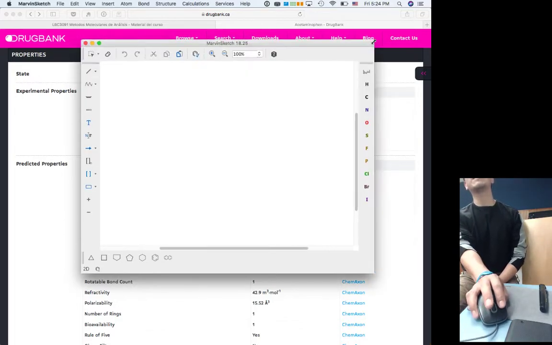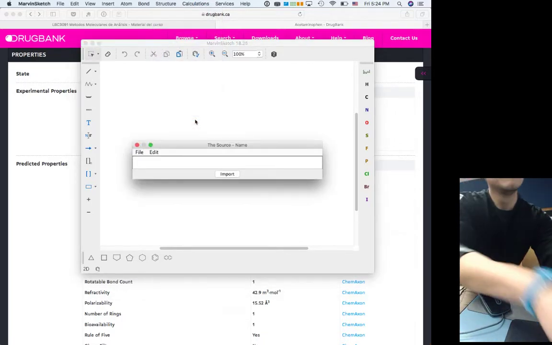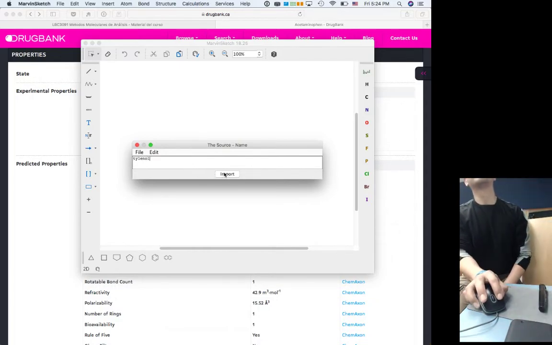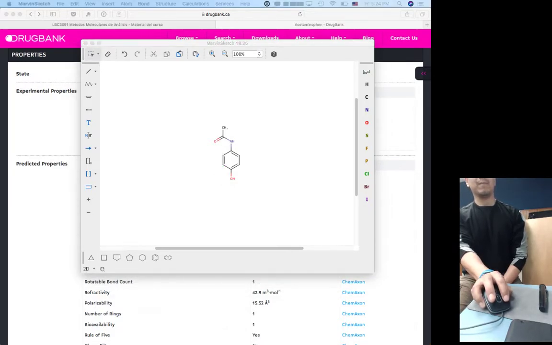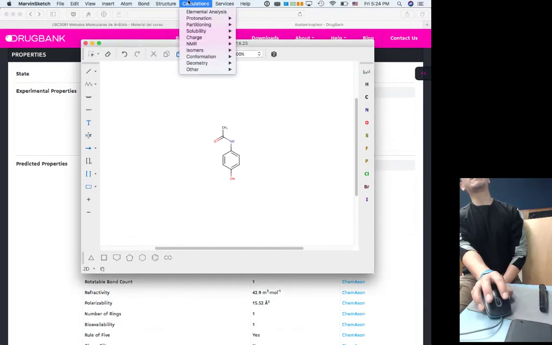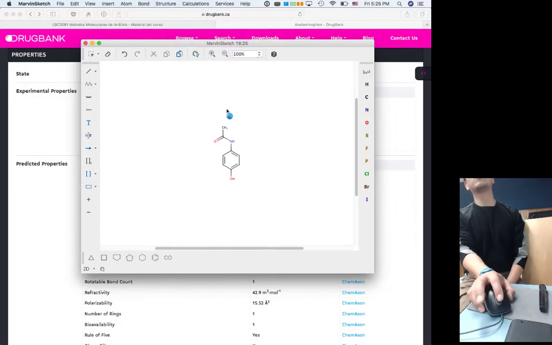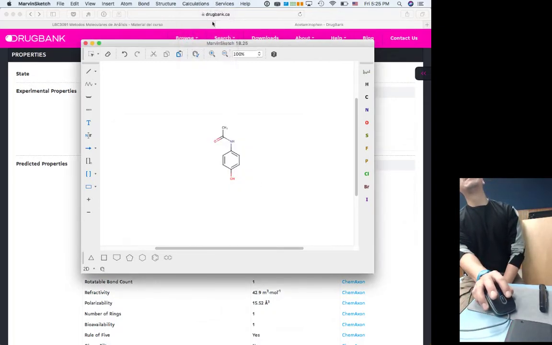I mean the log D, the one that takes into account the charged molecule. If we try the calculation for partitioning, log D, which will be an equivalent for log S, what we should usually get is, oh, sorry, no, that's not the one. Log D.